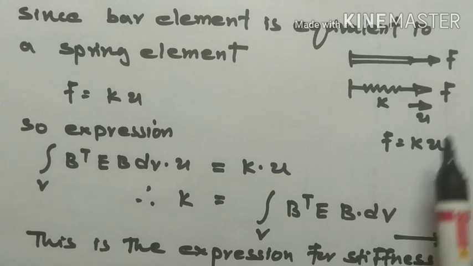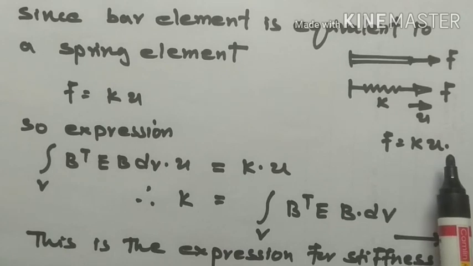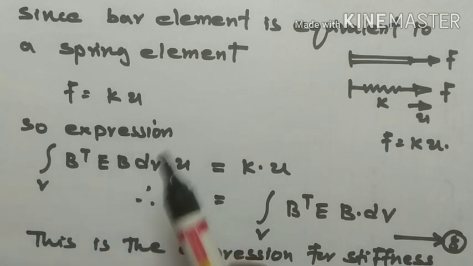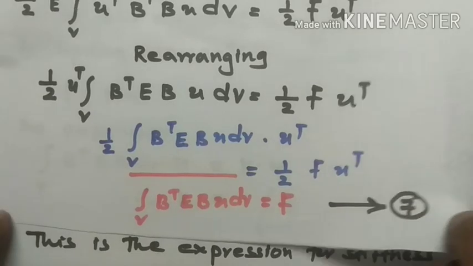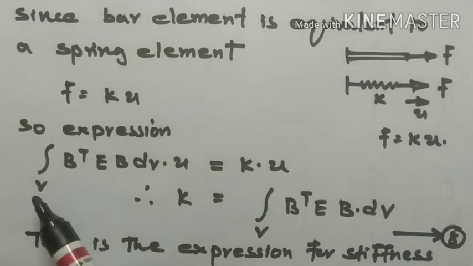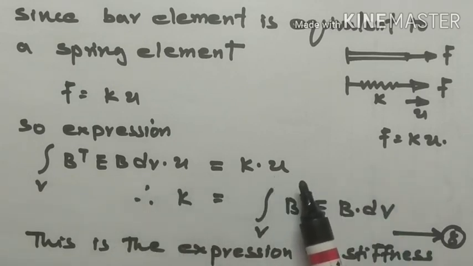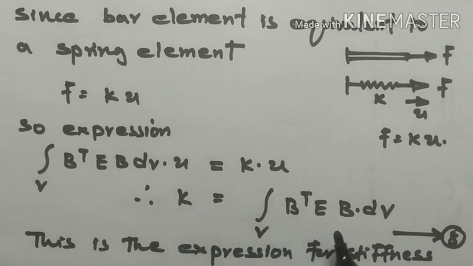For a spring element, for a displacement U, we can write the force is equal to K into U. That is, F is equal to K into U. So the previous expression I have written as integral V B transpose E B dV into U is equal to K into U. Equating these two expressions, we can see that K is equal to integral V of B transpose E B dV, and this is the expression for the stiffness.